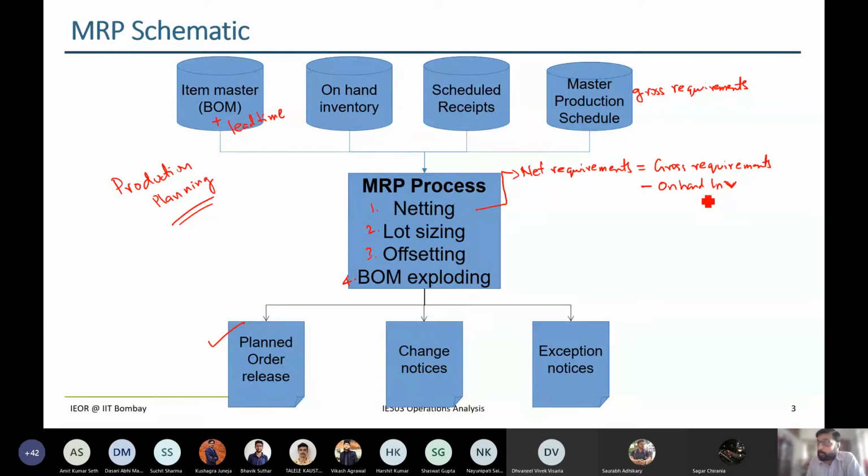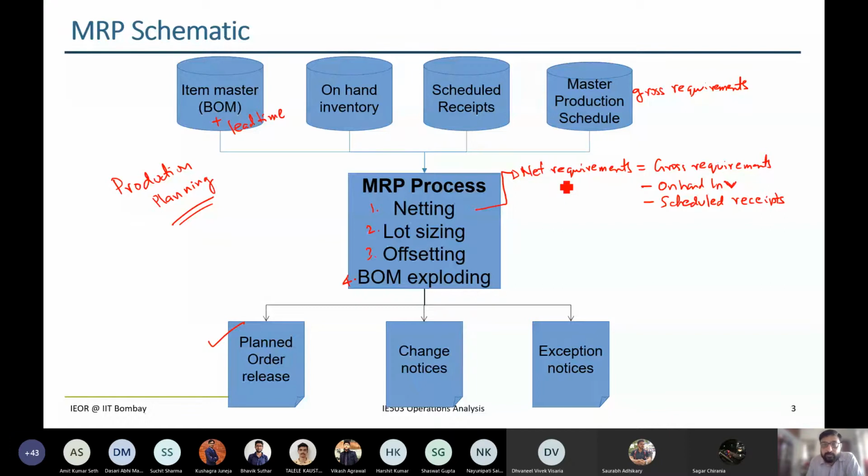If I already have the inventory on hand, why produce, right? So we remove the on-hand inventory, minus scheduled receipts. If previously I have ordered some material and I know it is going to come next week, then I take that into account when I make future orders. Hence, we come up with what is called the net requirements, against which we need to decide the orders.